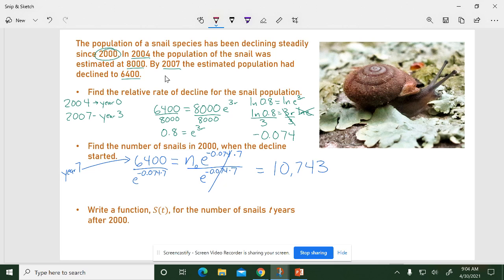So we're going to do S of t equals the original amount, the 10,743, times E to the power of the rate times the time, and time is our variable. That is the function we could use to estimate the snail population at any point after 2000. So there you go. That's the 2 additional examples for this next assignment.